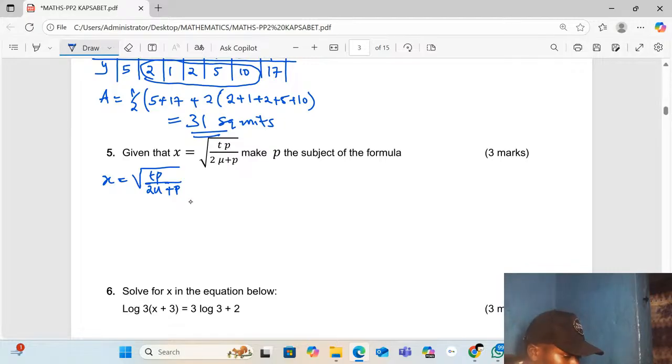Now, what we need to do is square every side. So we square this side and this side also, so that the square sign goes with the root. So that we have x squared is equal to tp over 2u plus p.